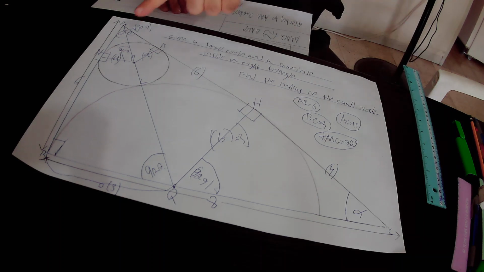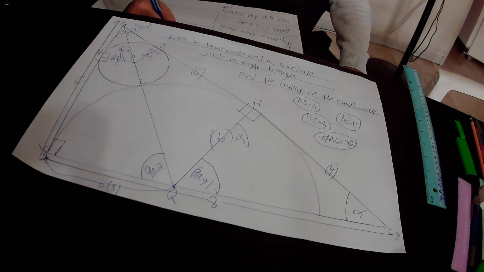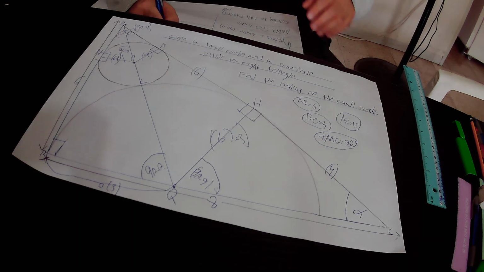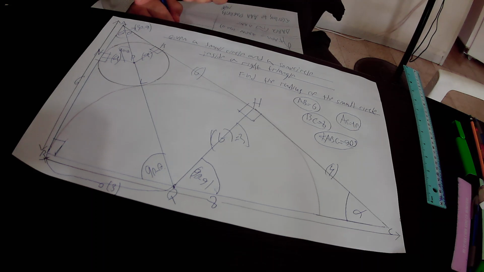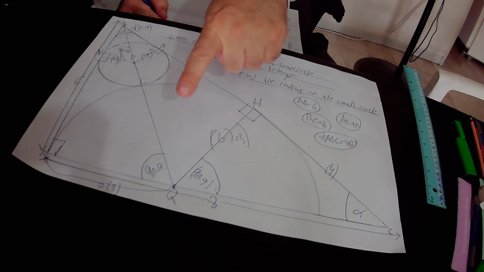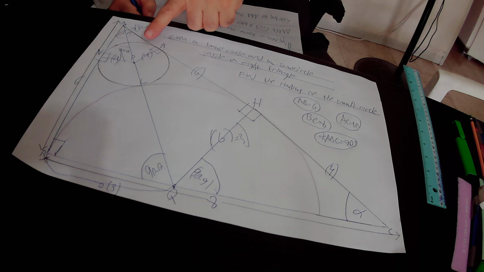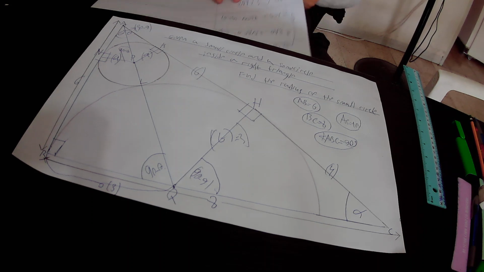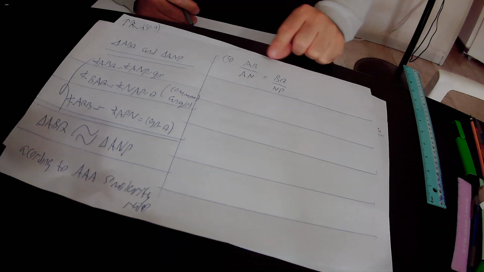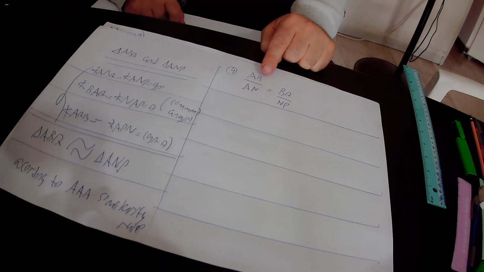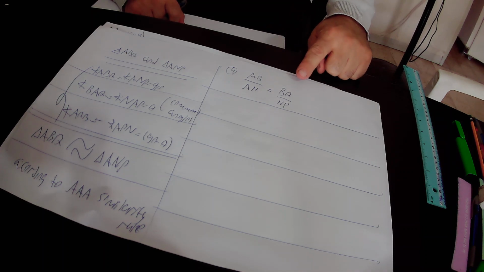We will derive that side AB in the right big triangle ABQ over side AN in the small right triangle ANP equals side BQ in the big right triangle ABQ over side NP in the small right triangle ANP.